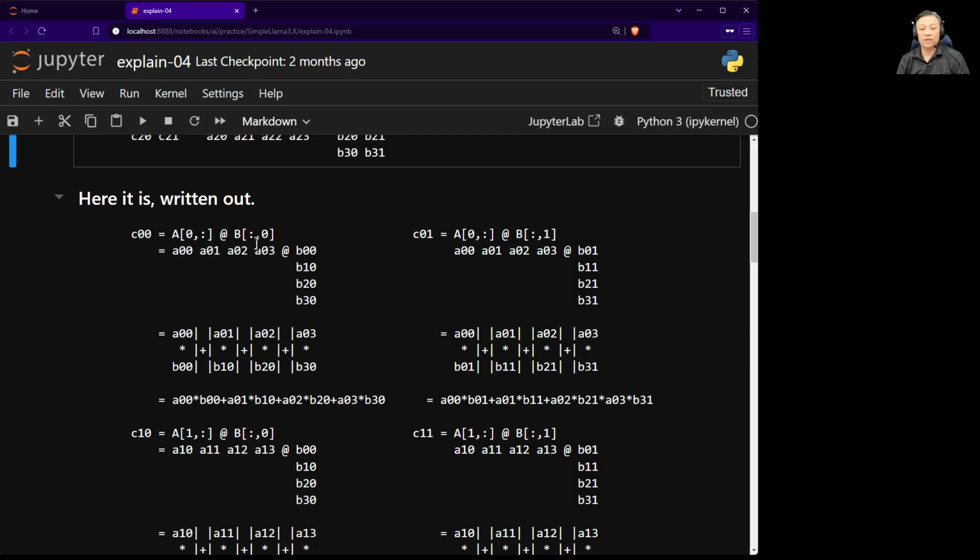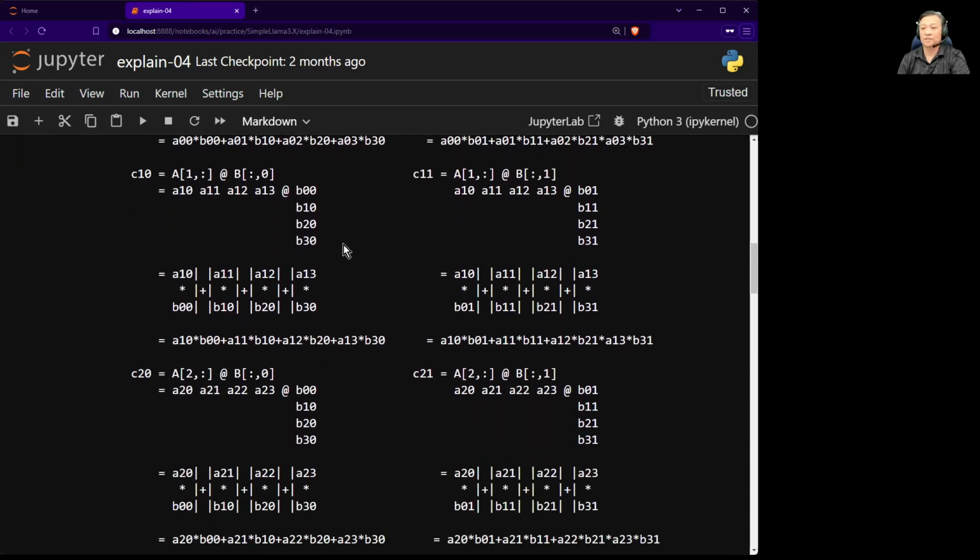Just as a reminder, matrix multiply can be thought of as doing a repeated number of dot products. If the output matrix is of shape R by C, in this example of 3 by 2, we need to do a total of 6 dot products.